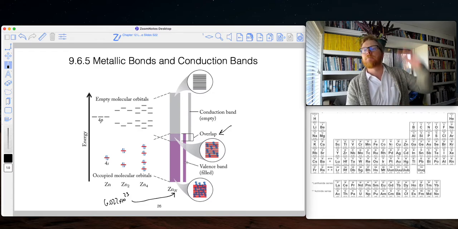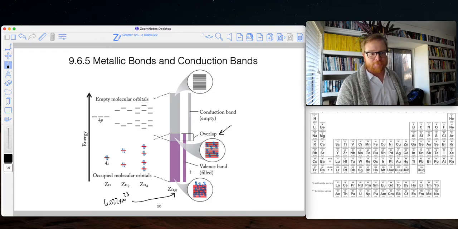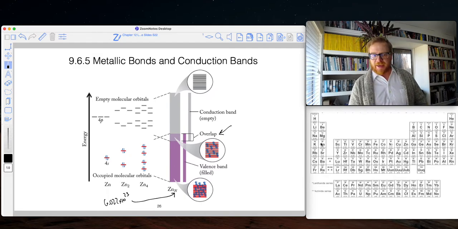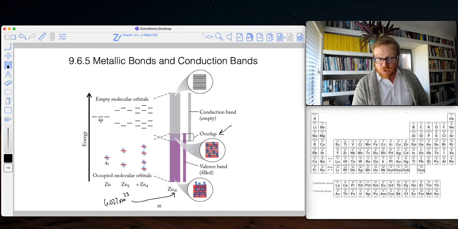This continuous band of valence electrons. And we notice here with zinc, right, if we follow it through, it's got the 4s, 3d, and then the next one over is 4p. So here we can see all of our 4p electrons for zinc. So this would be for one zinc atom. And as we move over and over and over and over, we're getting to that 1 mole of zinc atoms.